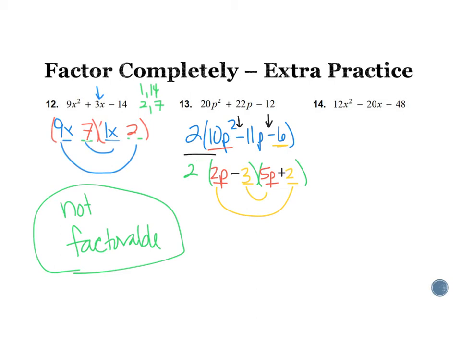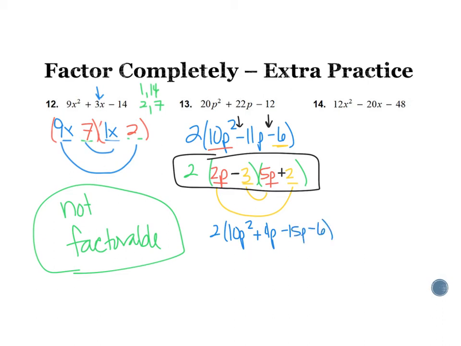I'm going to believe this is my answer, but if I want to check it, I could always FOIL it. Leaving the 2 out front, what do I get for first? 2p times 5p, that is 10p squared. Outside is a positive 4p, inside is a negative 15p, last is a negative 6.